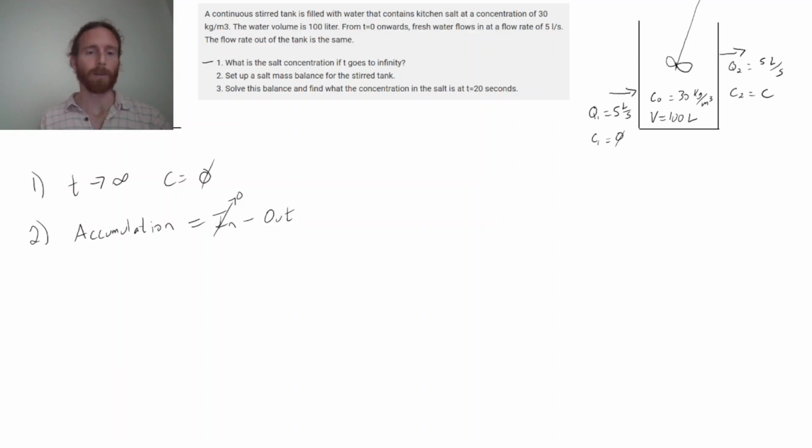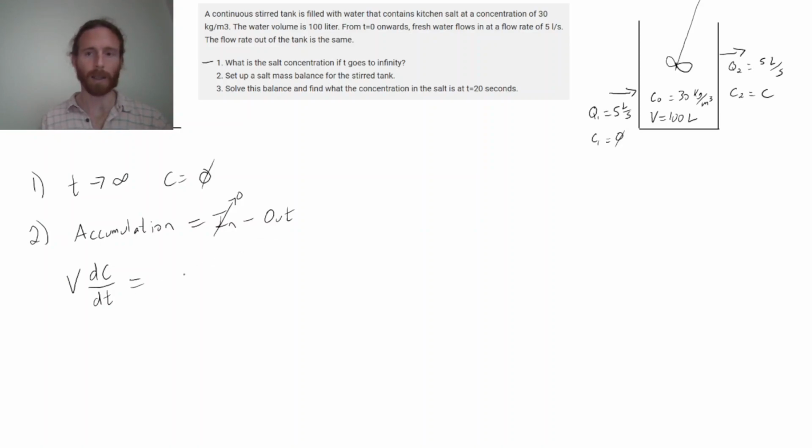So let's put the accumulation and the out terms into mathematical expressions. Mathematically, the accumulation is going to be the volume of the tank times the change in concentration per time, V dC/dt, and that will be equal to the outflow.